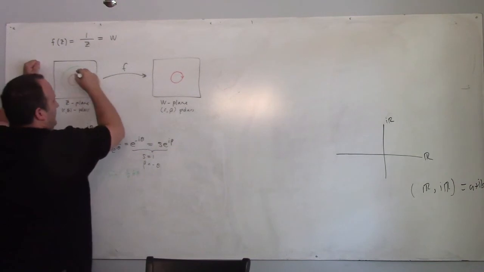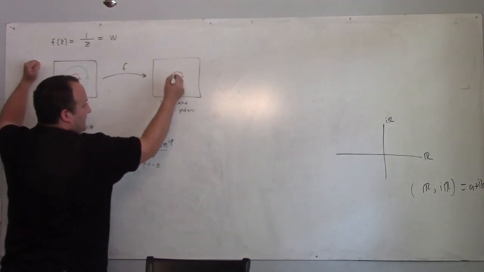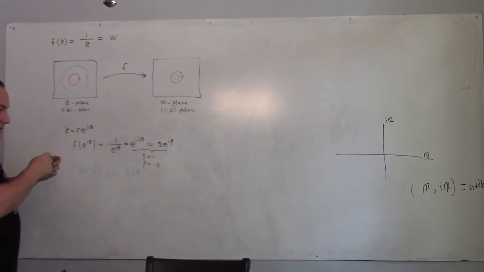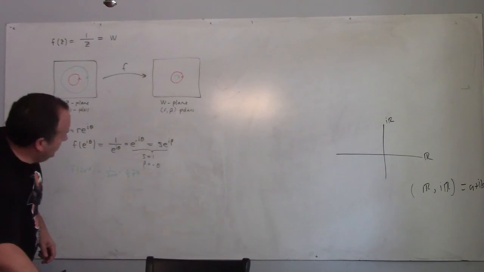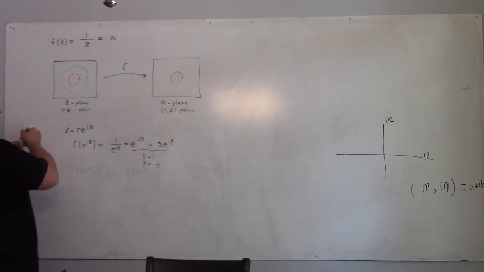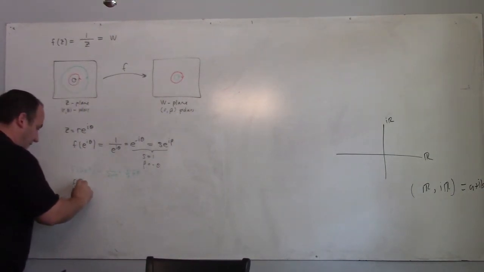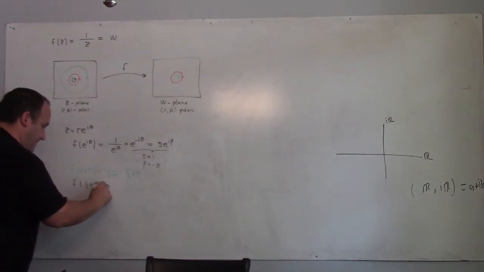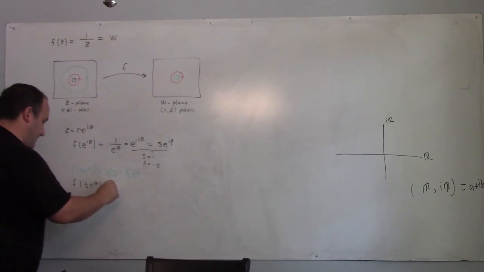So it mapped from this circle to this circle in here. And one more. If we look at the circle of radius 1/2 in here, what happens? It would go to this radius of 2.